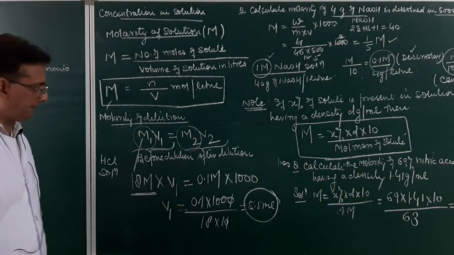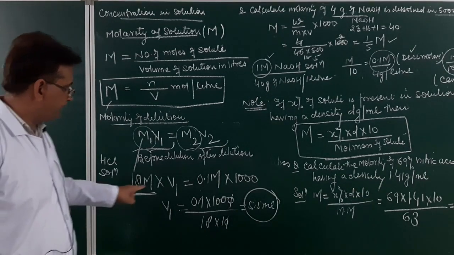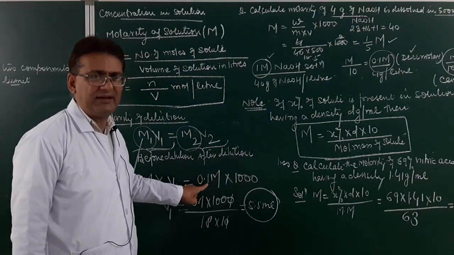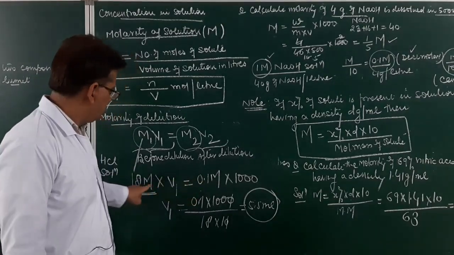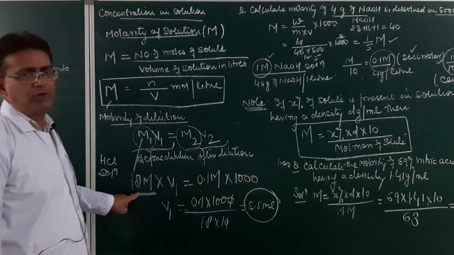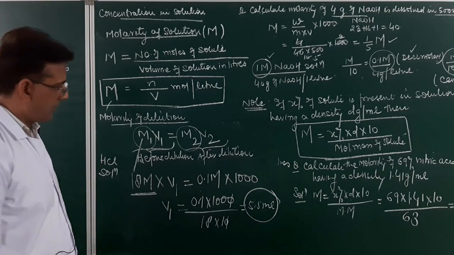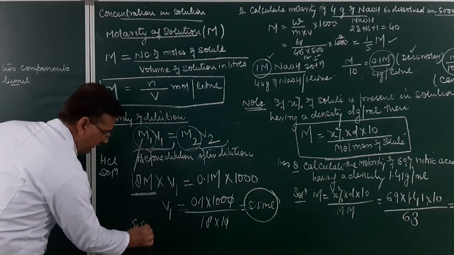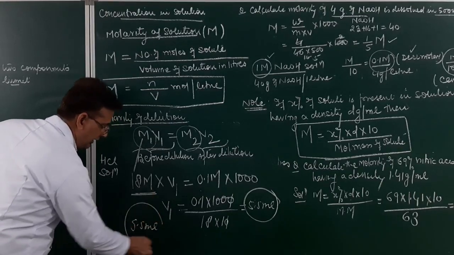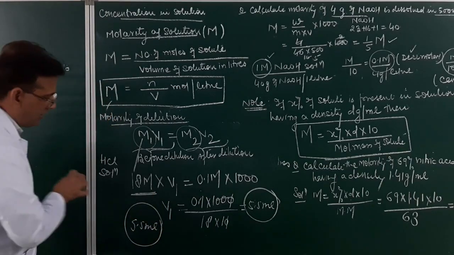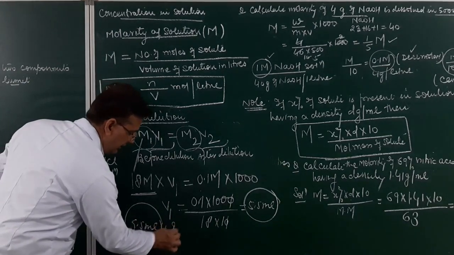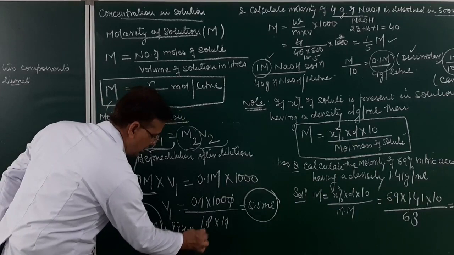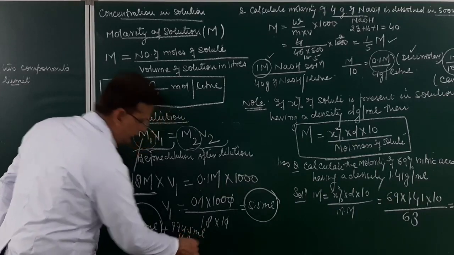Am I clear? It means if I want to prepare 0.1 molar solution of HCl from a given 18 molar solution of HCl, I will take 5.5 ml of the solution which has been provided in the lab, plus 994.5 ml of water will be added.